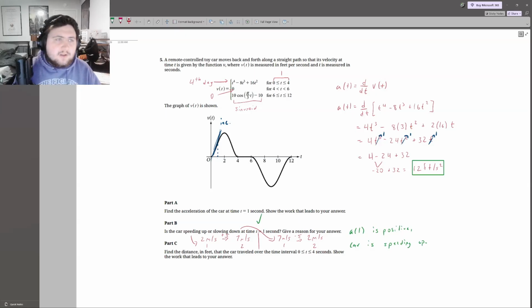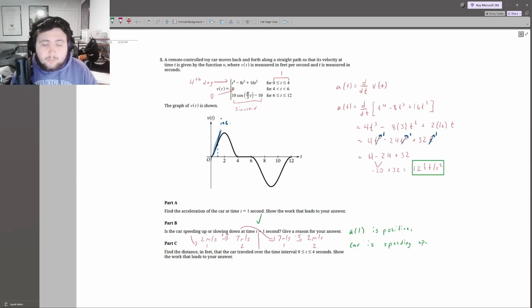Now our last part here is part C, which tells us to find the distance in feet that the car traveled over the time interval 0 less than or equal to t less than or equal to 4 seconds. We need to show the work that leads to our answer. Well, we're given velocity, not distance, so we need to take a different step. Similarly, though, to what we did in part A, where we note that acceleration is the derivative of velocity, we can work backwards.